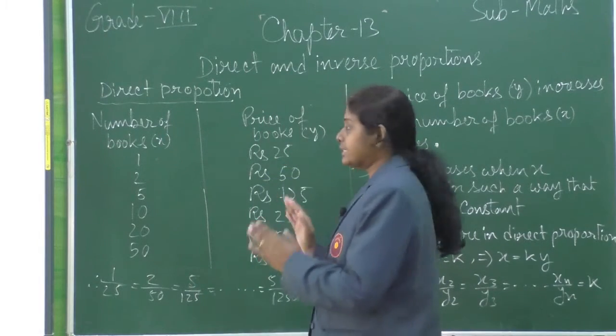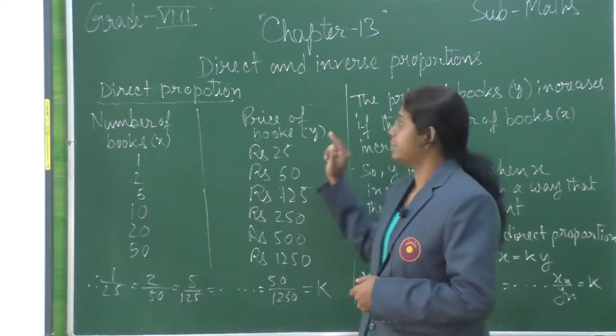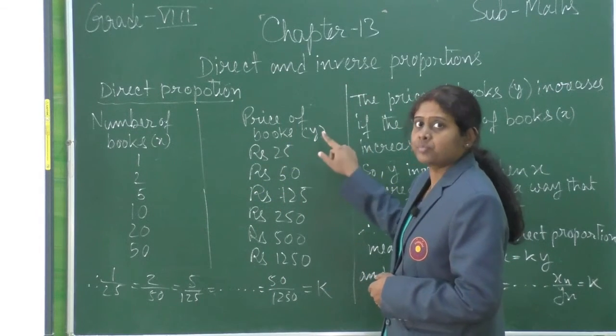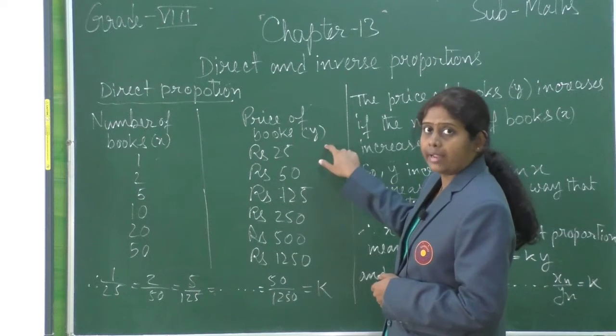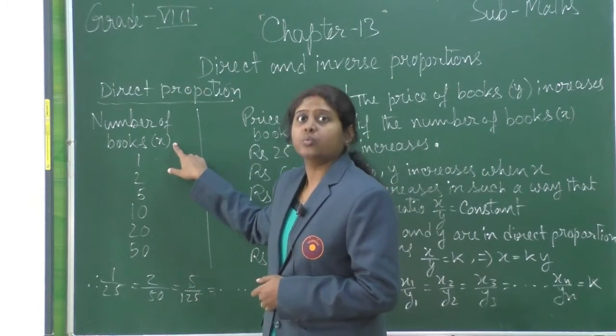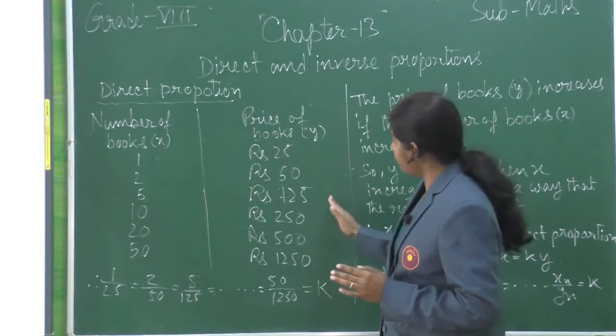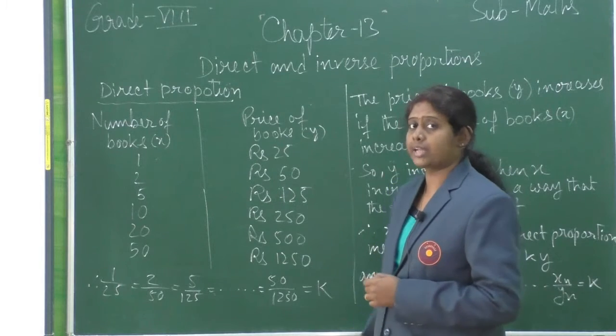So what we can see here: if the number of books is X and the price of books is Y, then the variable Y will increase depending on the variable X, which is the number of books. That means from these examples, one more thing we can write here.